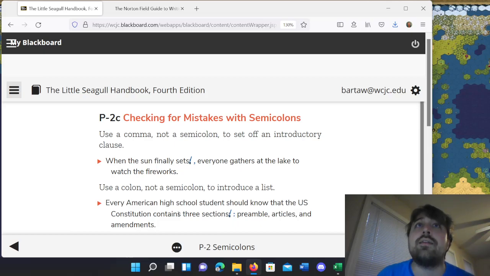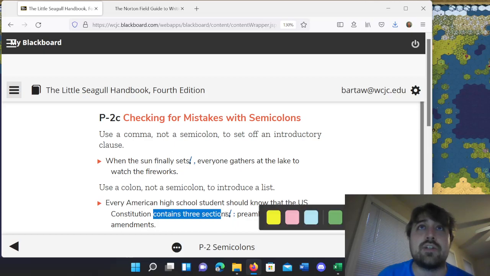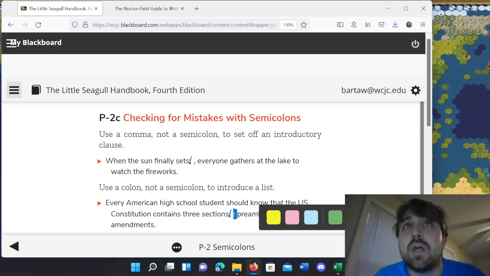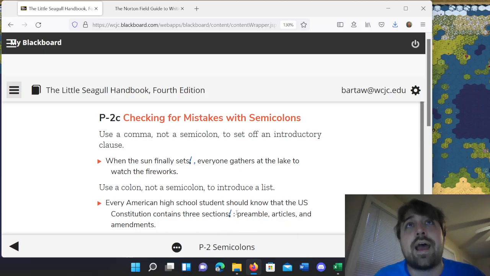Well, based on the context, specifically the phrase "contains 3 sections," we know that we're introducing a list. How do we introduce a list? We do it not with a semicolon, but with a colon. So we got rid of the semicolon and replaced it with a colon. And now we have the list: preamble, articles, and amendments. It's set off with a colon. You don't want to use a semicolon as a colon.